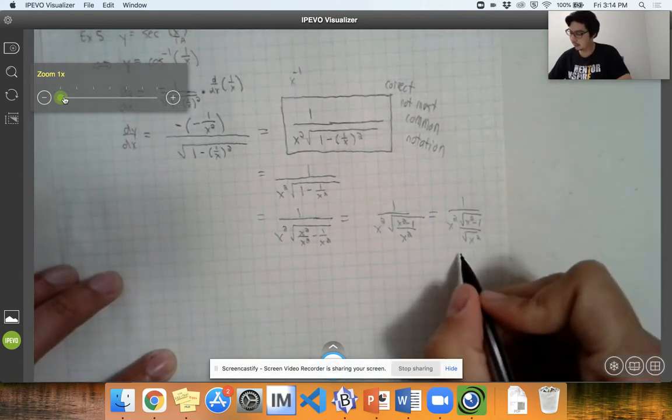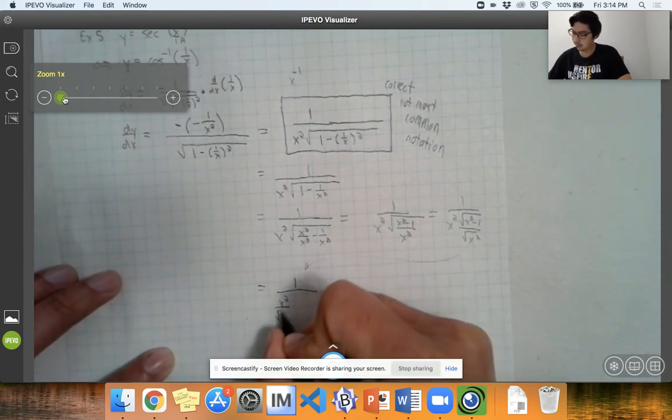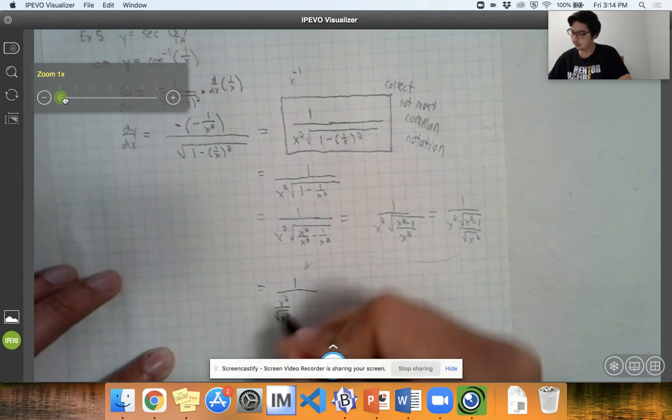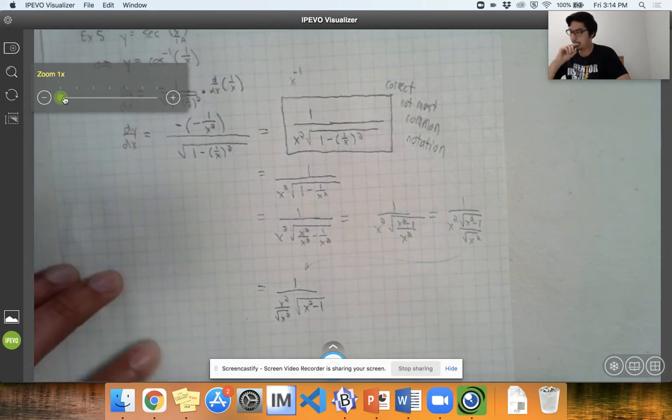And then that I could write as 1 over x squared over the square root of x squared, all of that times square root of x squared minus 1. Okay.